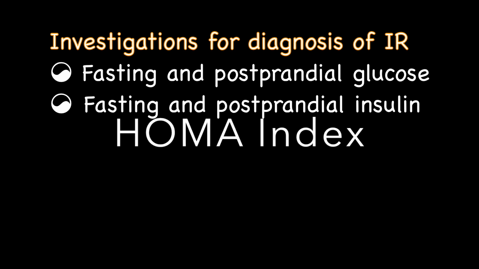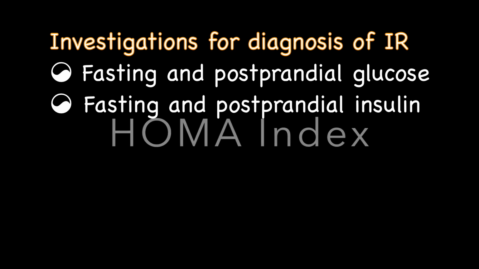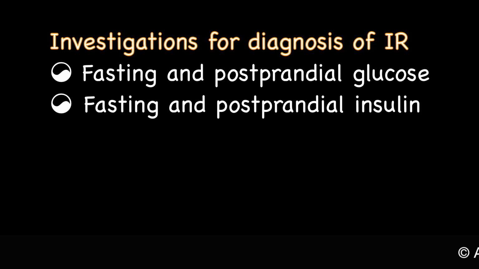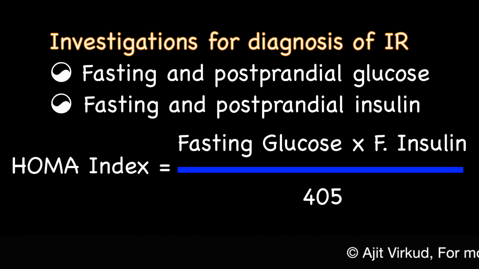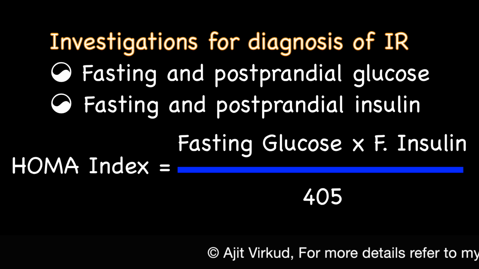HOMA stands for Homeostatic Model Assessment. It is a method used to quantify insulin resistance and beta cell function. It is given by the formula: Insulin resistance HOMA index is equal to fasting glucose multiplied by insulin levels divided by 405. It is measured in mass units, milligrams per deciliter.